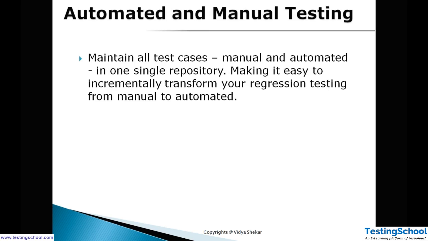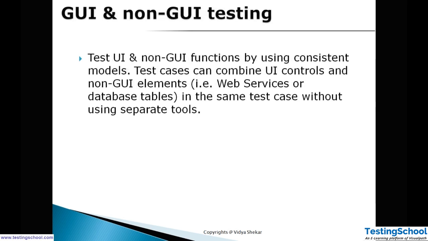As I was saying, you can maintain your manual test cases as well as automation test cases in a single repository. You need not maintain a separate repository for them. Using Tosca, you can perform UI testing as well as non-UI testing.